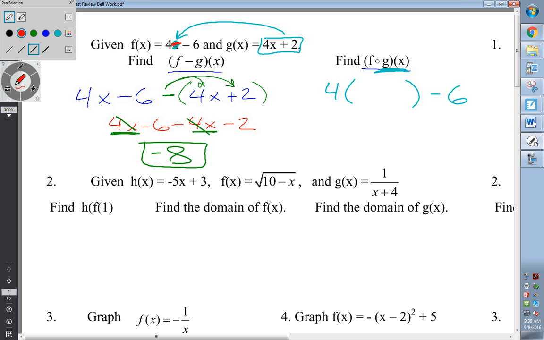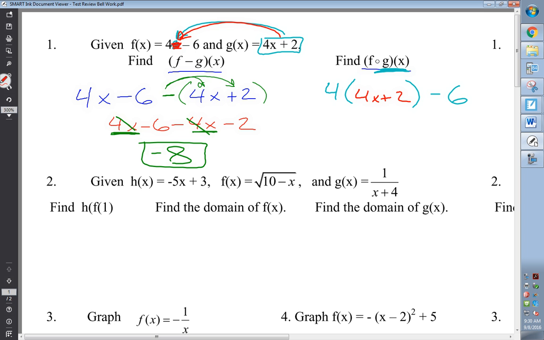Where that x was now, he's replacing it with 4x plus 2. He's taking that g equation and plugging it in. Okay, once you've done that, Michael, what are we going to do next? Distribute. Good. So 16x plus 8 minus 6, 16x plus 2. Questions on there?